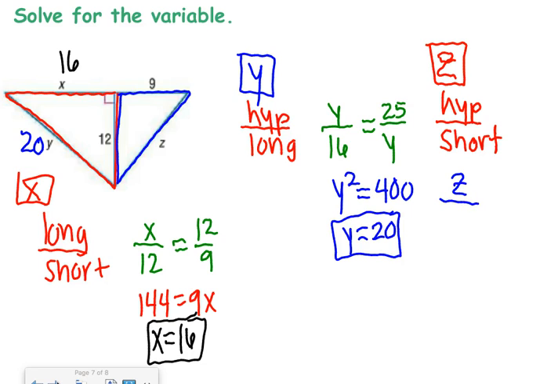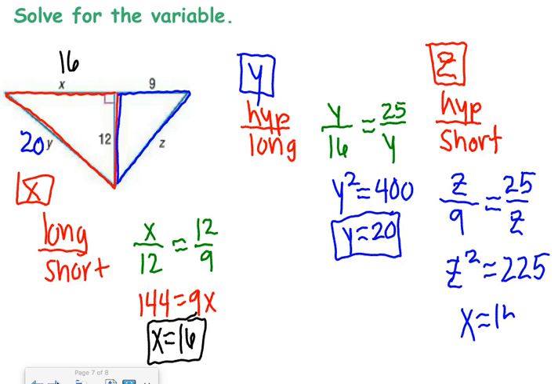Ah, that's a nice one. When you multiply, you get 225. So Z equals 15.